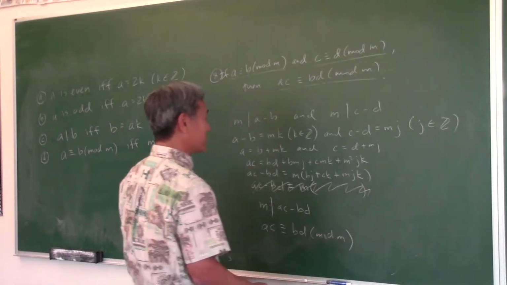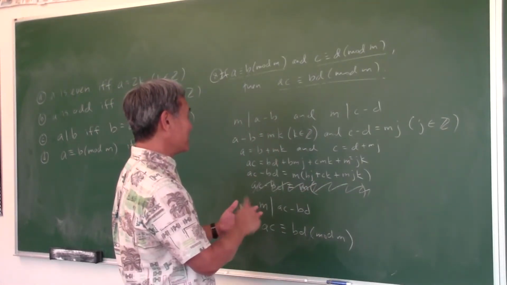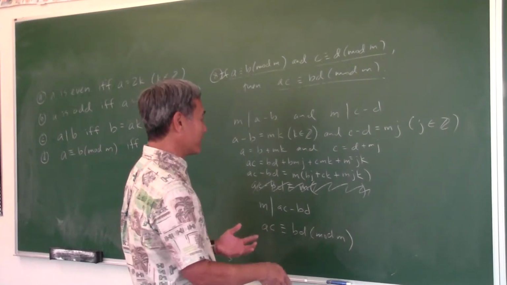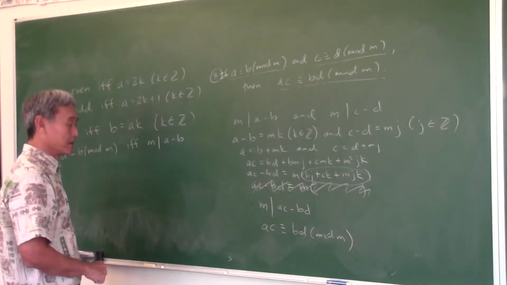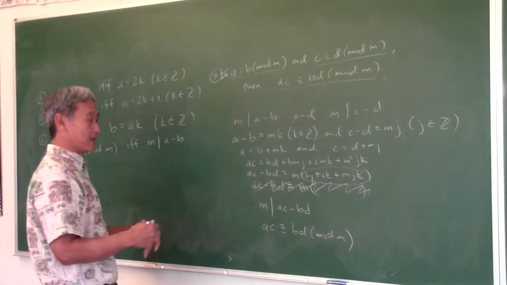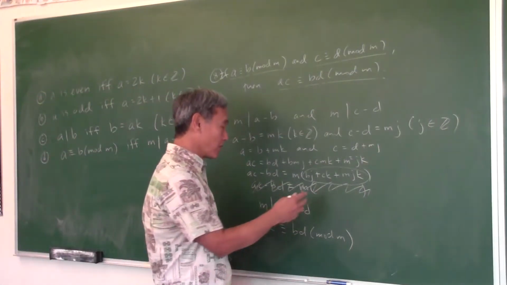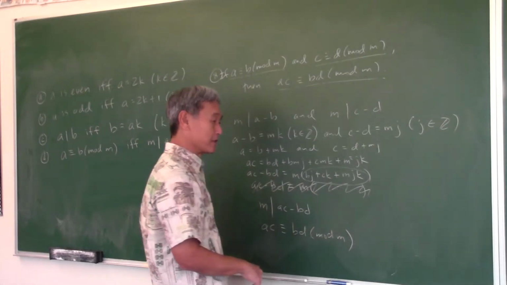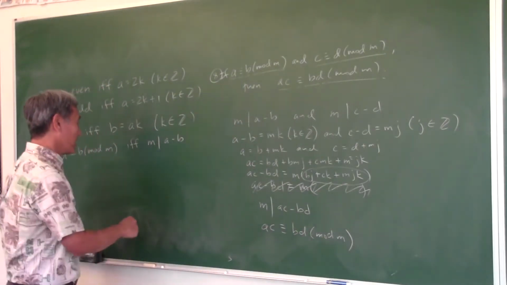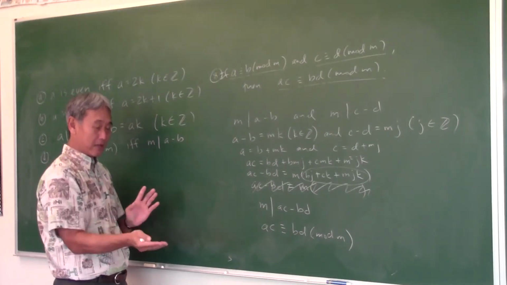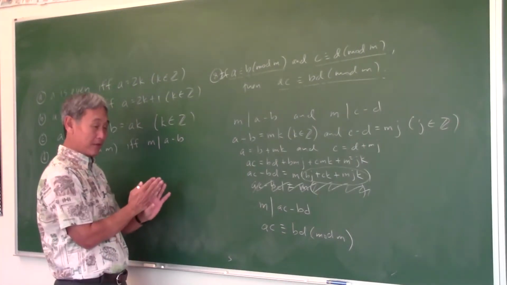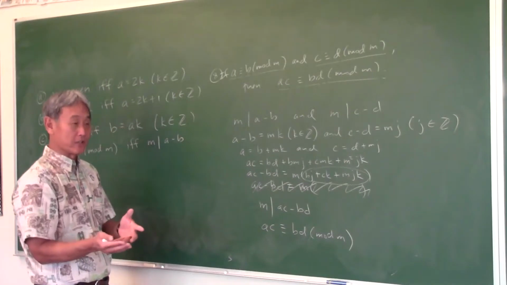So now here's the key step. If A, B, C, D, J, K, and M are all integers, will this also be an integer? Yes, right? Because the set of integers is closed for addition and multiplication. And when I say closed, if you have the set of integers, if you add any two integers together, will you get another integer? If you multiply two integers together, will you get another integer?